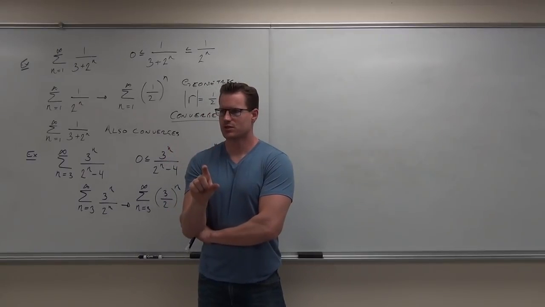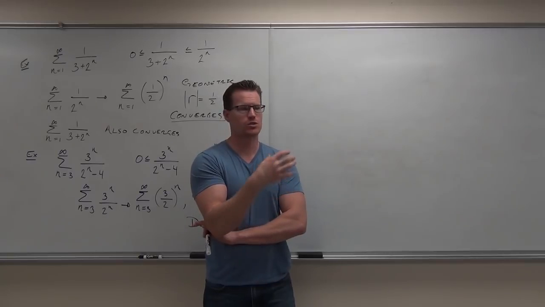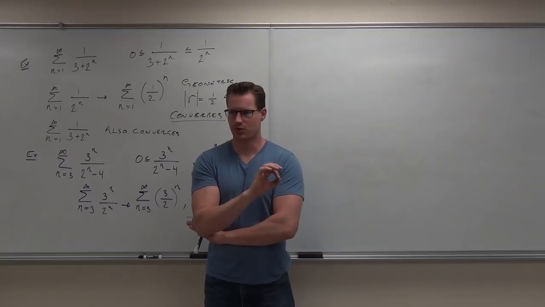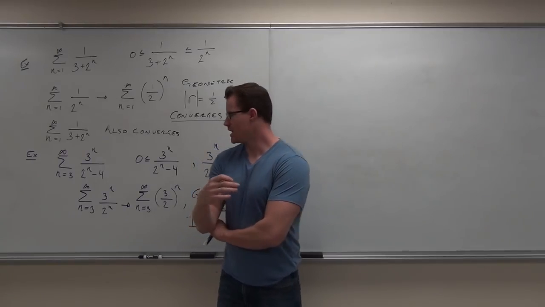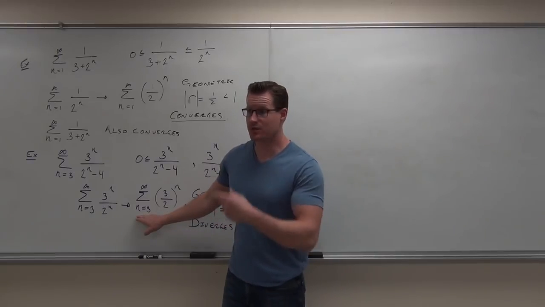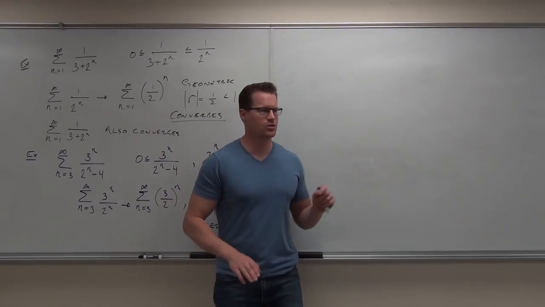Remember that convergence or divergence will not change if I add or subtract a finite number of terms. Do you remember that? The sum will change, yes, but not the convergence or the divergence.